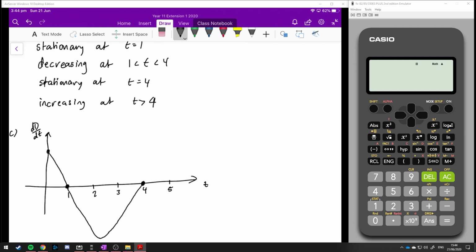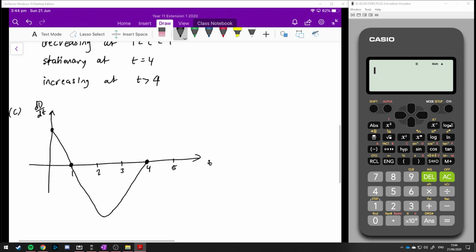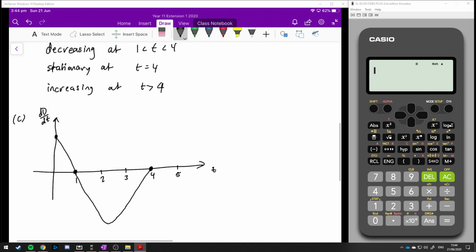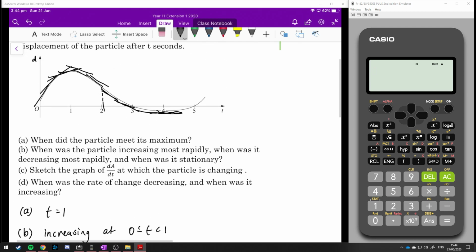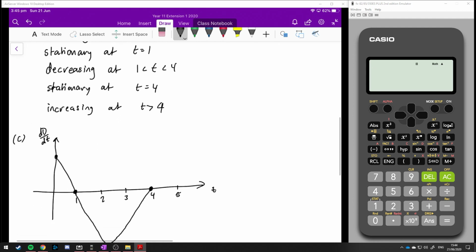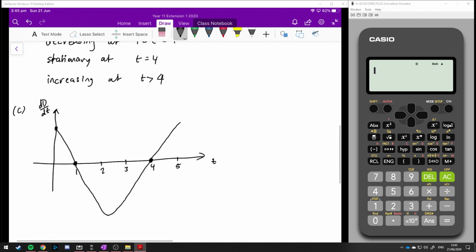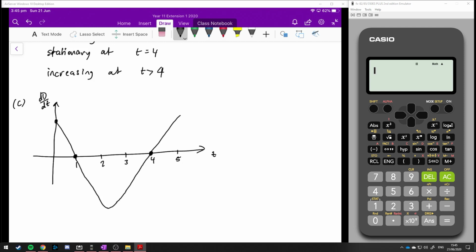The value comes back around and gets closer and closer to 0 as we get to 4. Once we go past 4, it's just increasing all the way back up, like this. And this is what our derivative function looks like.